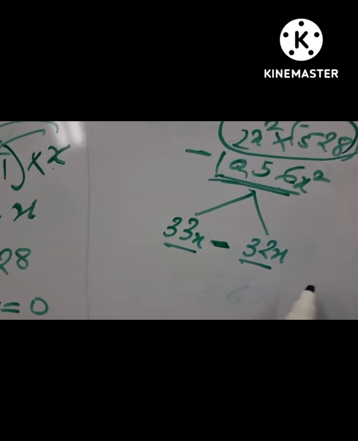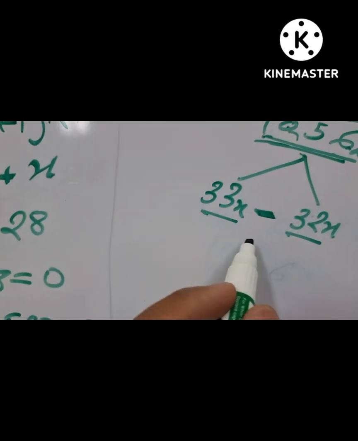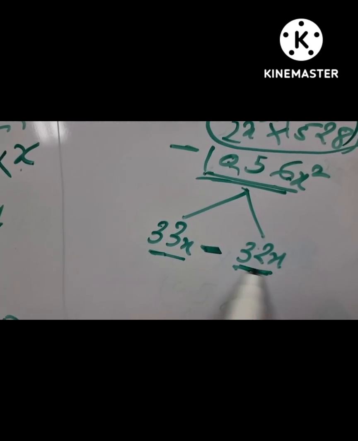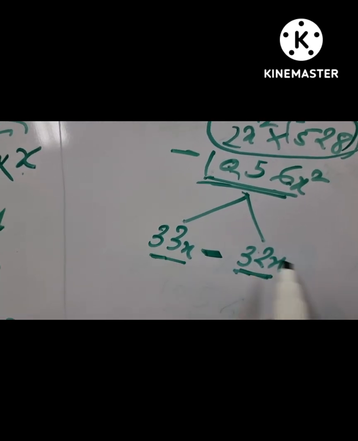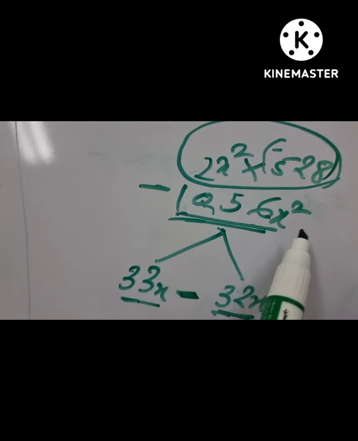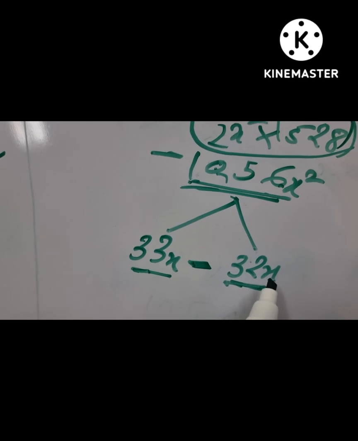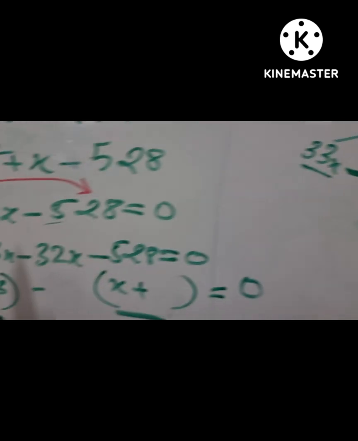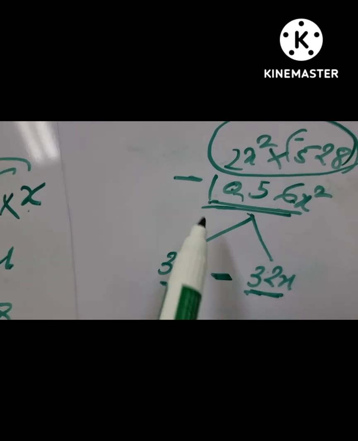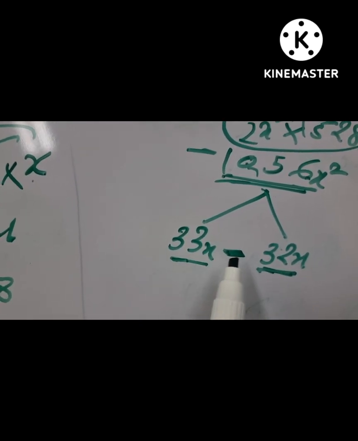So after the calculation I found out it should be 33 and 32. 33 and 32, when you multiply 33 and 32 you will get 1056 x squared. One of them should be negative because we need this number to come negative, so it is only possible if one of these two is negative.